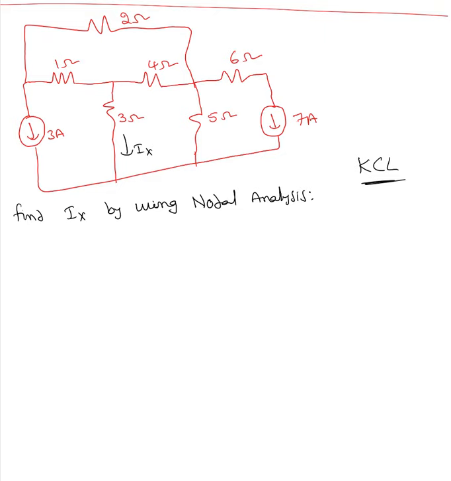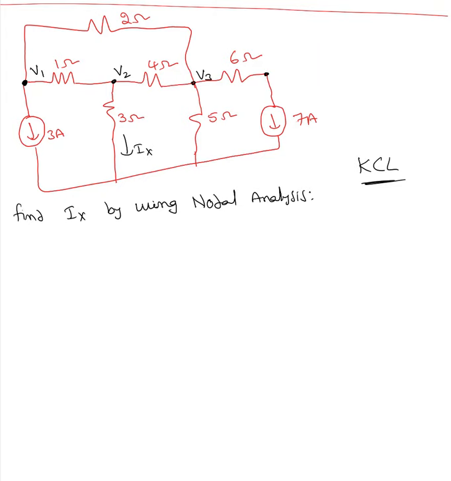Step 1: always find all the nodes and label the node voltages as V1, V2, V3 or VA, VB, VC. So here is one node V1, here is another node V2, V3. Do we need to label this as another node?